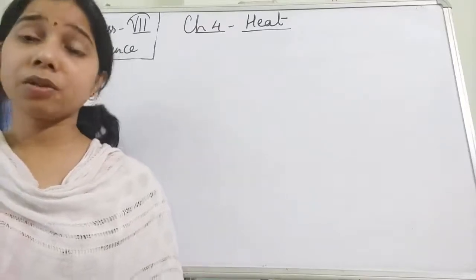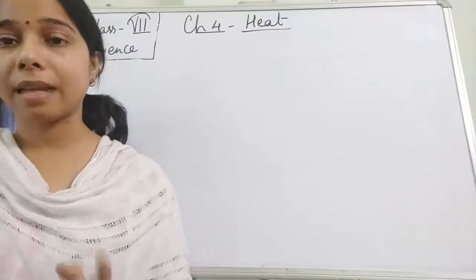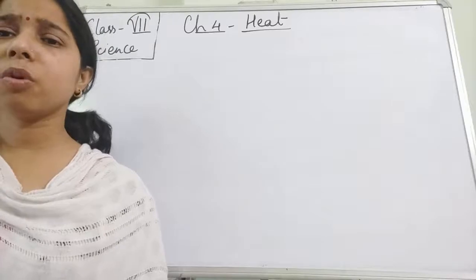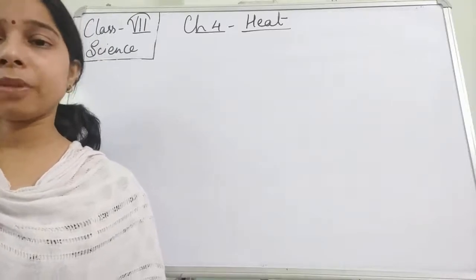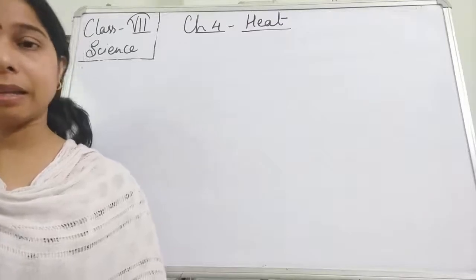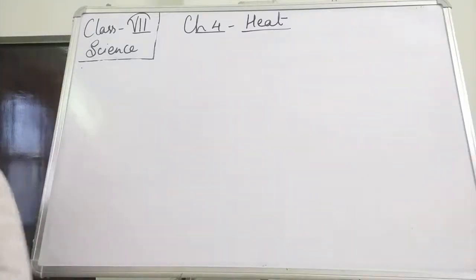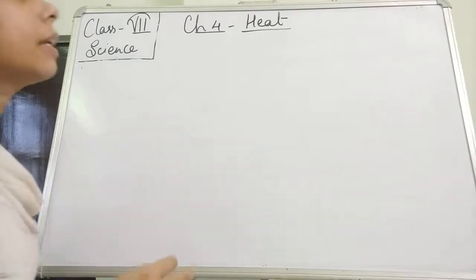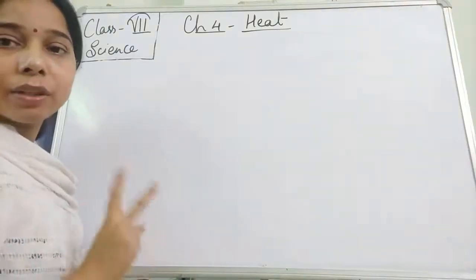It is not compulsory that a clinical thermometer be kept in a vertical, stand position, because the mercury cannot come back due to the presence of the kink. So the clinical thermometer has two properties.